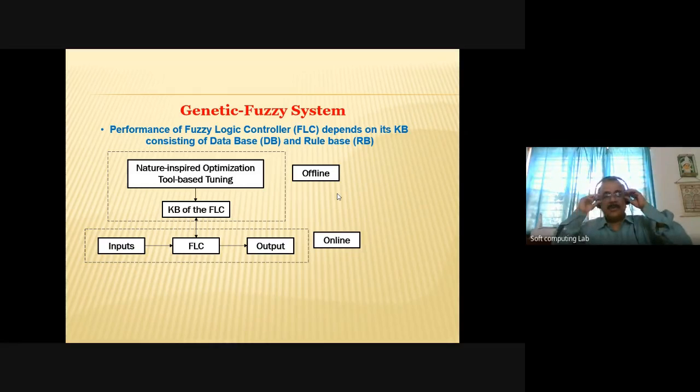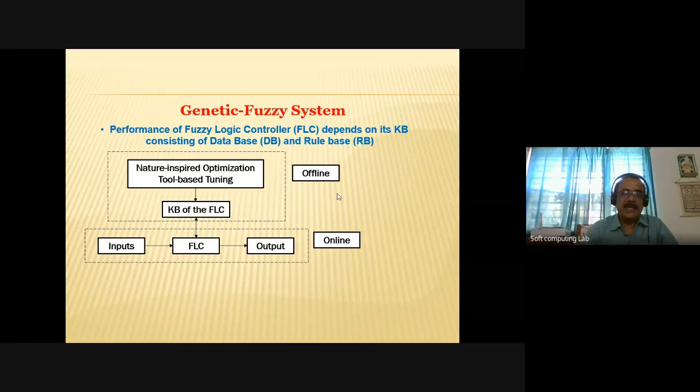Now, this training process is computationally expensive, and that is why the training is conducted offline. Okay, and once it is trained with the help of the genetic algorithm and with the help of your known input-output relationship, that is the training scenarios, now the fuzzy logic controller will be getting the optimal knowledge base, and this particular knowledge base can be used to model the input-output relationship.